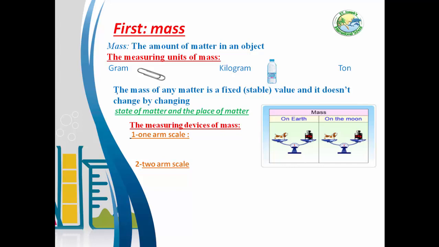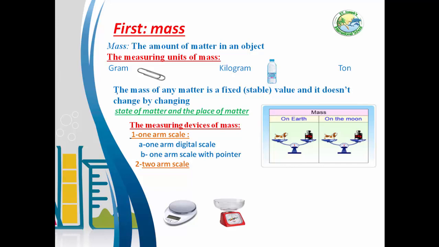So measuring scales of mass are classified into 1-arm scale and 2-arm scale. 1-arm scale is divided into 1-arm digital scale and 1-arm scale with pointer.